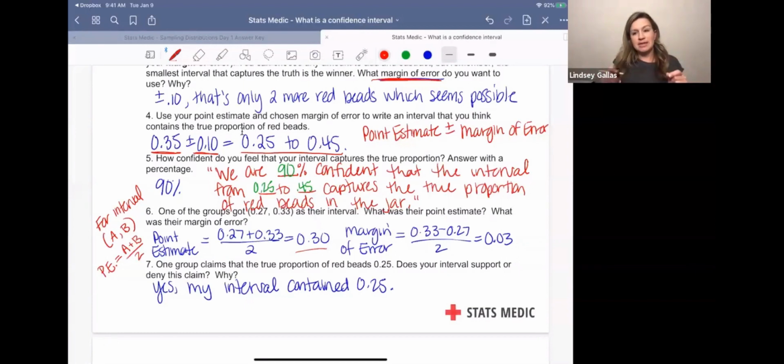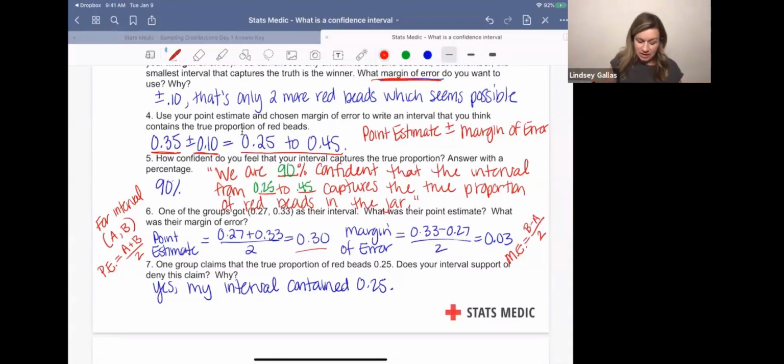A lot of students will accidentally forget to cut it in half, or instead they just give the width of the whole interval. So make sure you are splitting that. On the other side, I'm going to put margin of error equals. You could do it a few different ways. I like to do the width, so b minus a, and then divide it by 2.